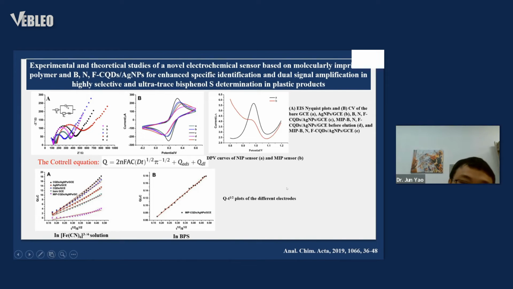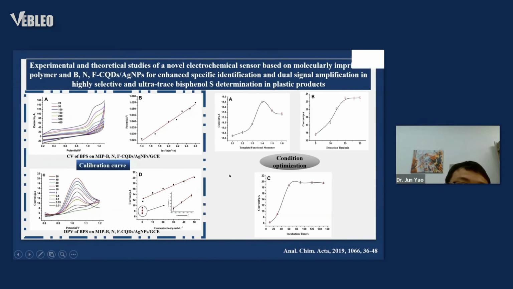The result shows the active area of the modified electrode is bigger than that of the bare electrode. This is the calibration curve. This is condition optimization.